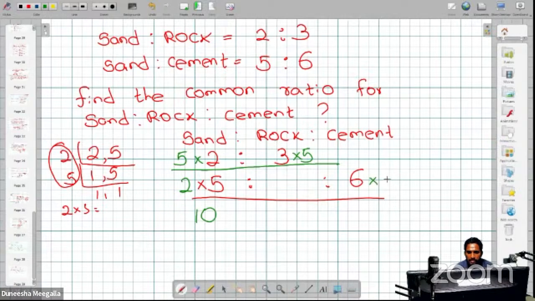Then 6 multiply by 2, what is that? Then 15, 12. What is the least common multiple? 10. ඒ හින්දා අපි sand to rock to cement ratio is 10 to 15 to 12.